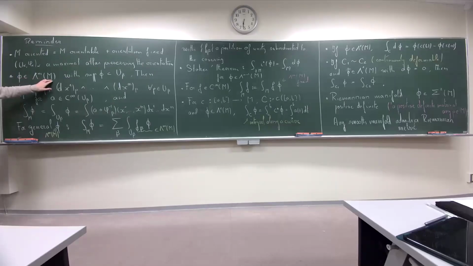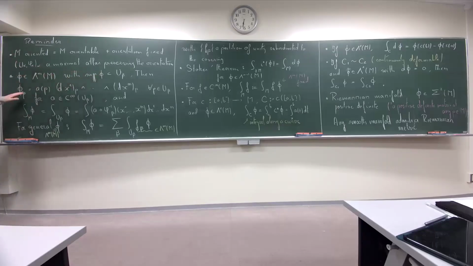M is a manifold of dimension m. We have seen that this is the maximal degree. After m plus 1, these kinds of forms are all zero.